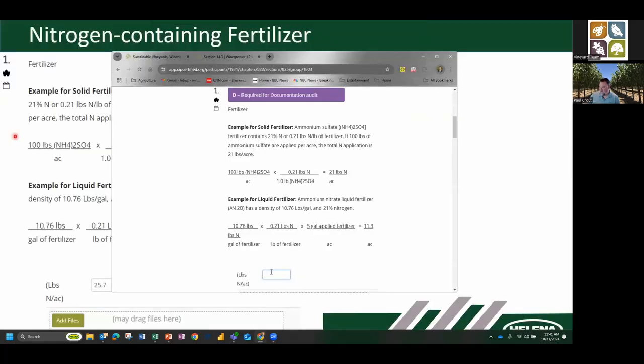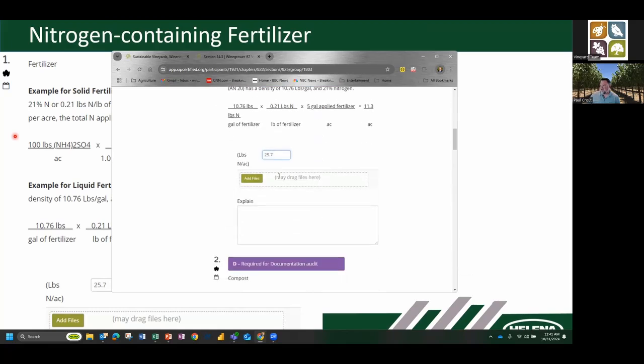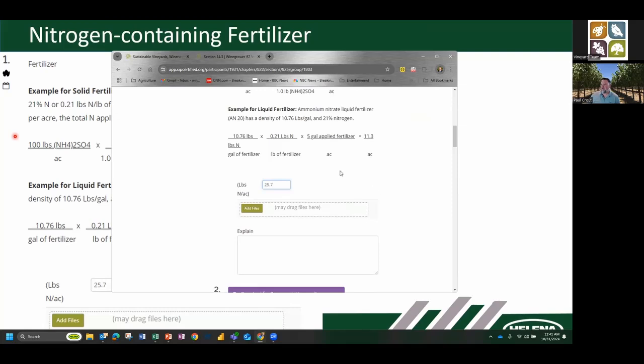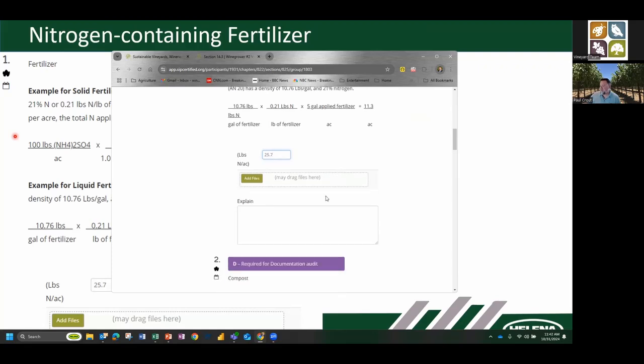So we entered 25.7 pounds of N per acre. And then you drag your supporting documentation there. So your supporting documentation might be, again, a summary report of all your fertilizer applications with pounds of N applied divided by acres. It could be fertilizer receipts. It can be a whole host of different things, but that's the information that you'll need.